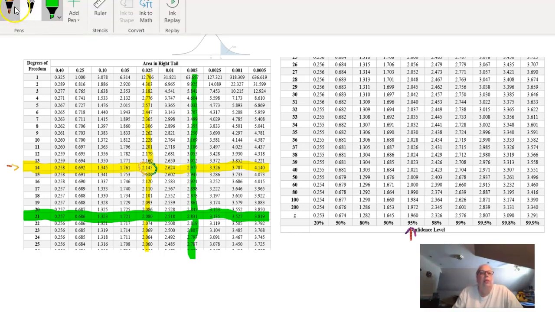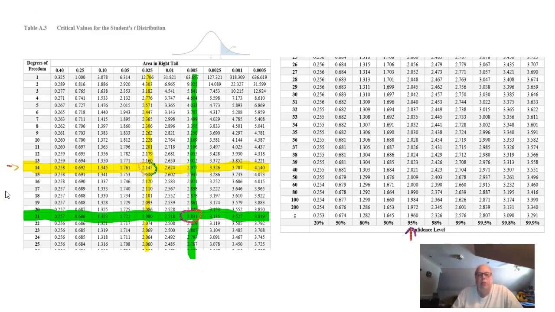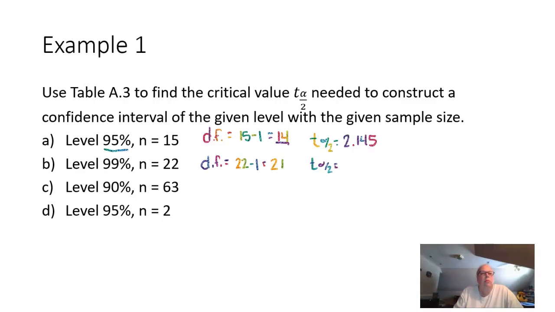And so our t value is right here, 2.831. Okay, Part C, level 90%, n is equal to 63.